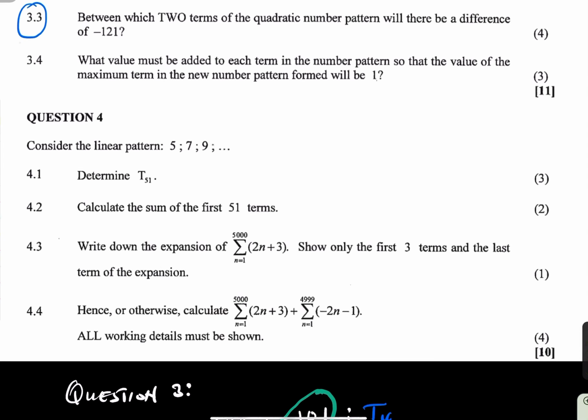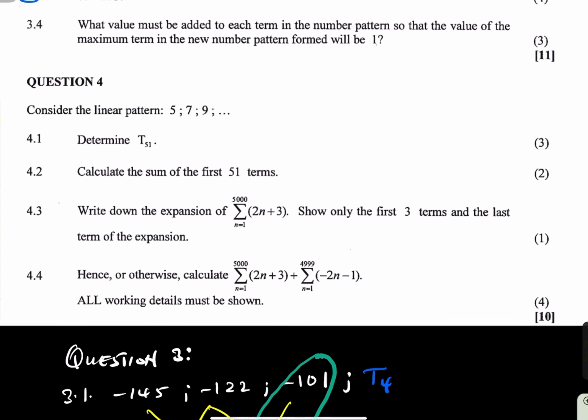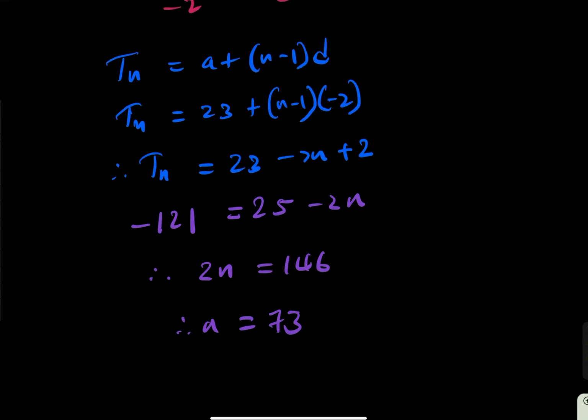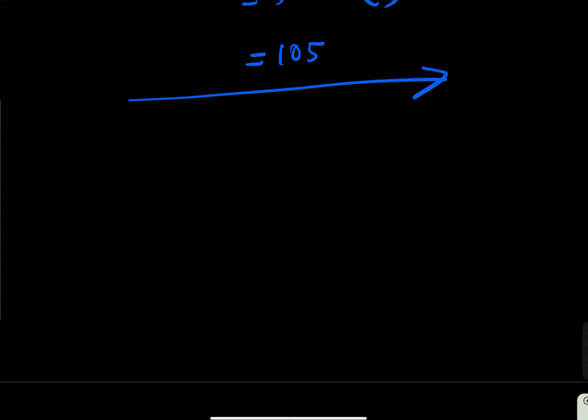Let's check the next question. In question 4, calculate the sum of the first 51 terms. So they are now going to the arithmetic series, because this is an arithmetic pattern. How are you going to do that? We're talking about the sum now. So this is 4.2.